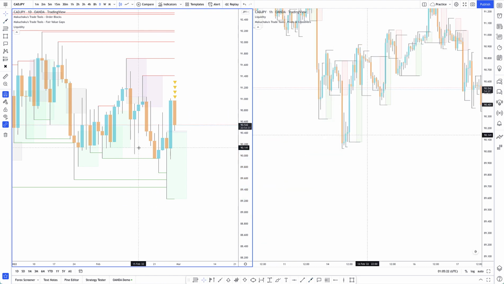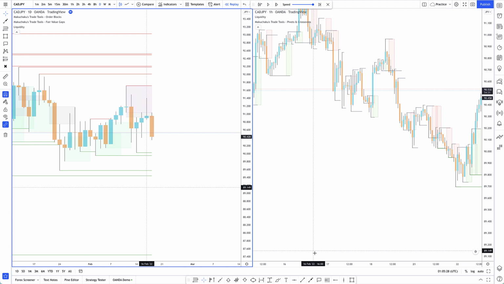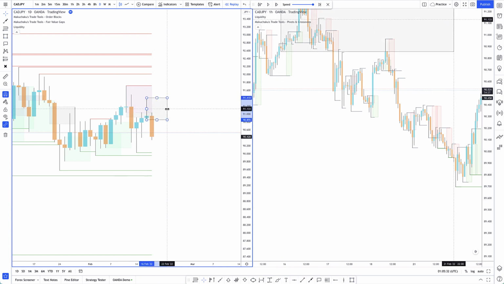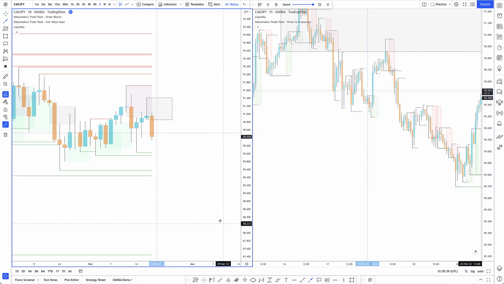So we're going to rewind time here. And let's draw out the order block. So this is the order block, and everything on this side hasn't happened yet. Just assume that for the sake of this example.